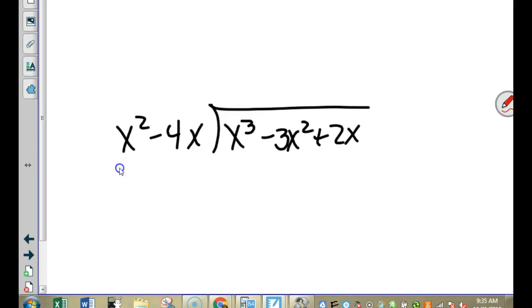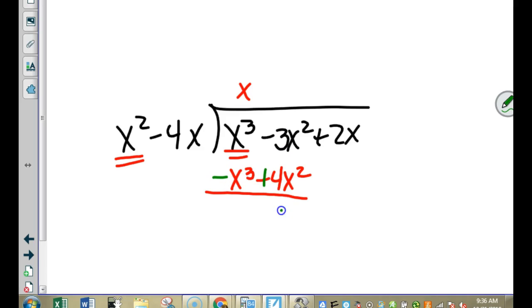Okay, so x squared into x cubed, multiply by an x. Then the x multiplies by all of this. So I get x cubed minus 4x squared. Then I am subtracting. So I end up with negative 3 minus negative 4, plus 4, which will be an x squared. x squared times what will become x squared? Okay, positive 1. x squared minus 4x.